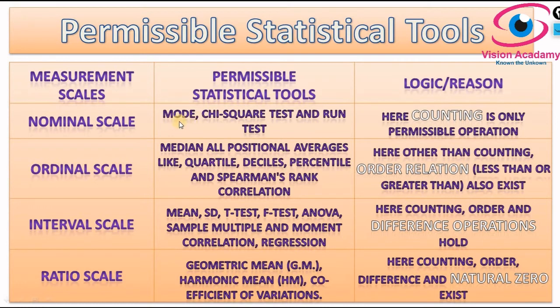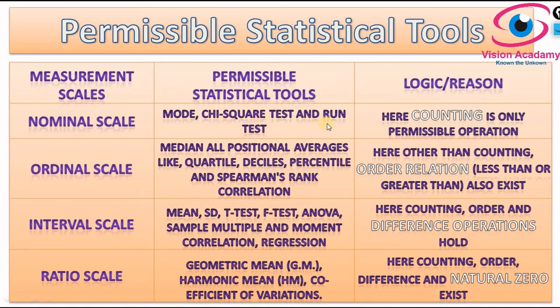What we do in the mode is calculate the most frequent value. If we have a situation where we have divided the population into female and male, we can say male is the most frequently occurring value. So we can calculate the mode in the case of nominal scale.